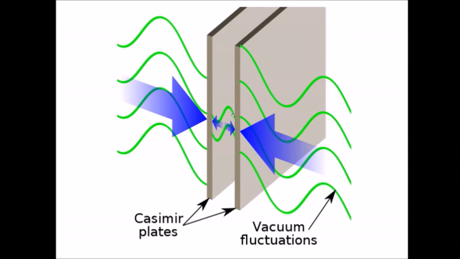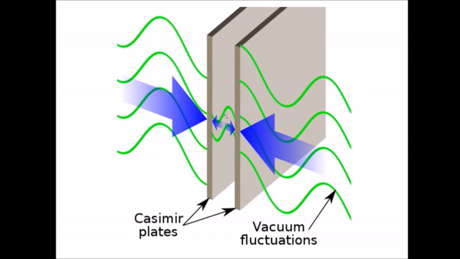And now, what happens if we move the plates a little bit? If we separate the plates a tiny bit, these waves that extend all the way to infinity will not change. But the waves in between the plates will change.